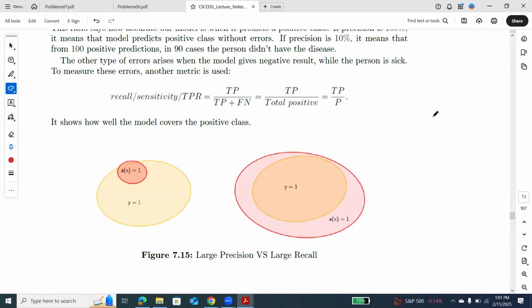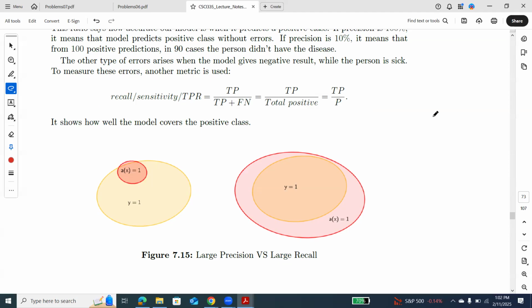What do you think recall will be for the first situation, close to 1 or close to 0? We divide the area of the red ellipse by the area of the yellow ellipse. Small. It will be small. Let's think about the second situation, where the model actually predicts more points than it should as positive class.